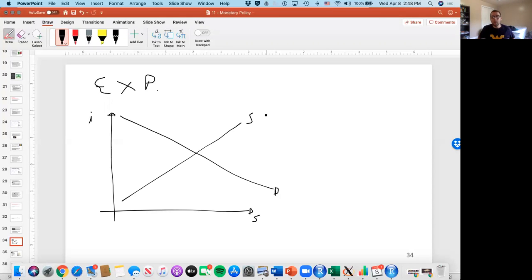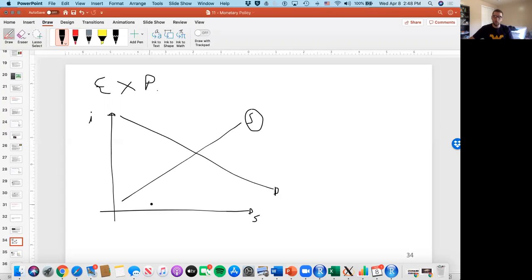Okay, imagine now the Fed wants to create an expansionary monetary policy, right? So let's assume that the Fed started buying T-bonds. By buying T-bonds, what is going to happen to the supply of money?